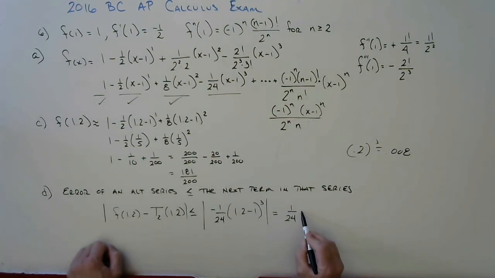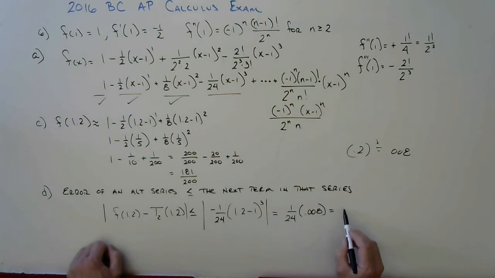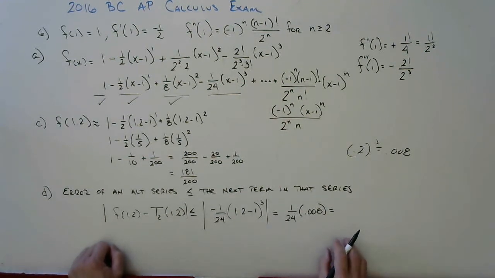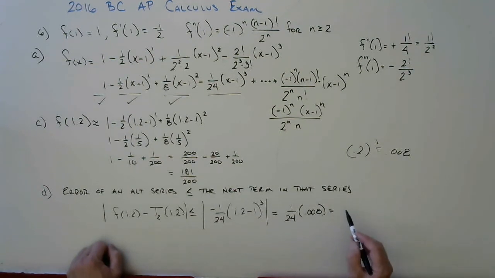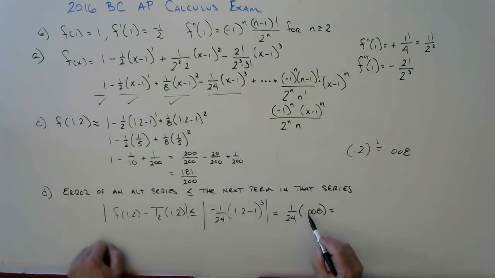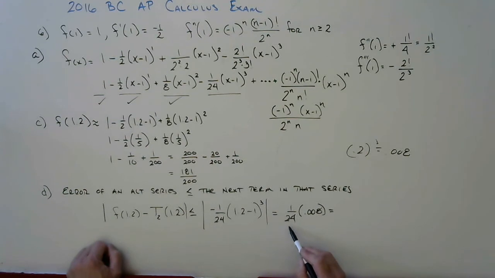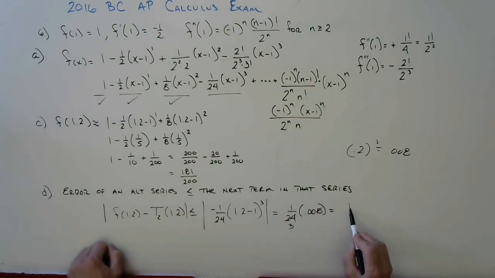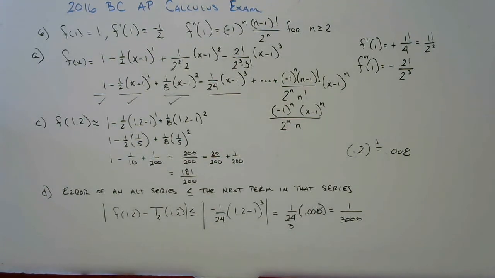So we get whatever that works out to be. Again, I don't have a calculator handy. If we do the arithmetic, 8 goes into 24 3 times. So we get 1 over 3,000. And again, I don't know the decimal approximation for that.